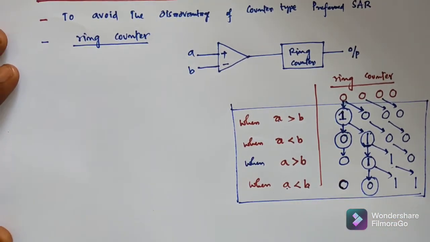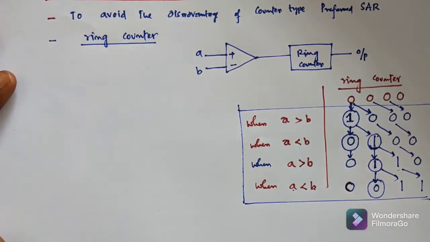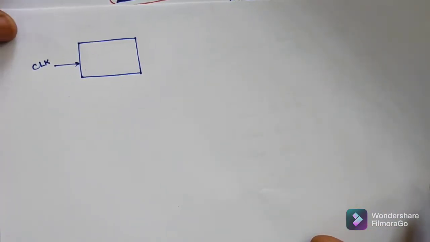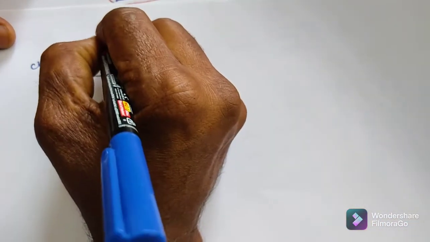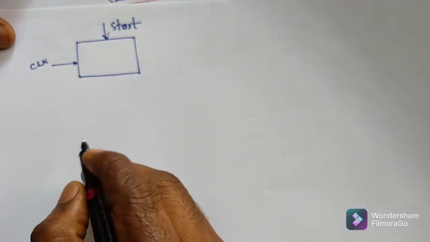Based on this, we can design the circuit diagram for successive approximation. This is the basic block diagram. We have a start button and a clock pulse.